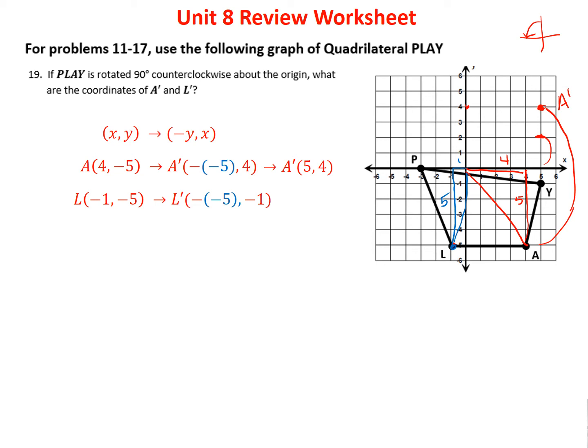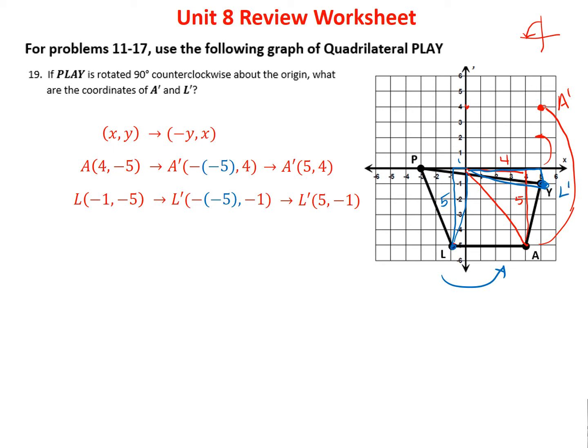All right, so let's take a look at L. Notice we switch them. The minus 5 becomes negative, and so as you end up here, as you would take here and go over 5 and down 1, if I move my rectangle down like this, you see coming around here, I end up at that point. I actually end up at Y, the original Y, and that becomes my new L prime right there.